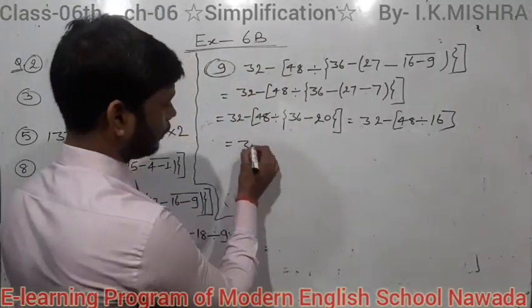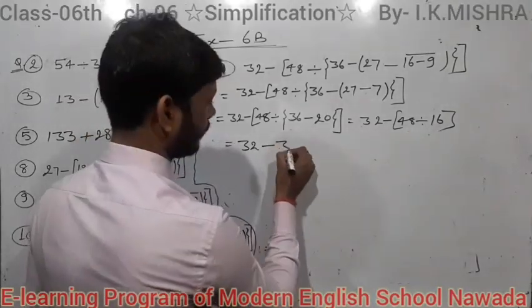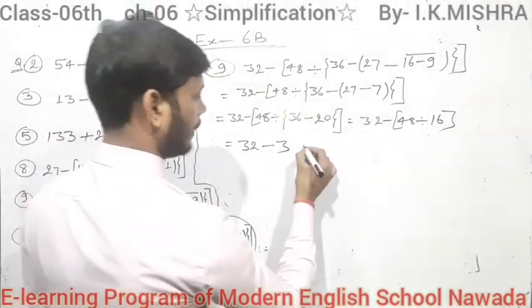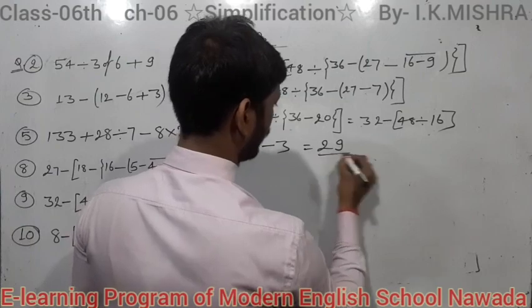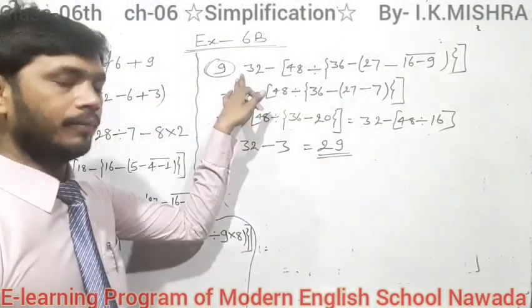After that, students, 32 minus here 3 times, divide 48 by 16, 3 times, and after that here 29 is the simplest value of question number 9.